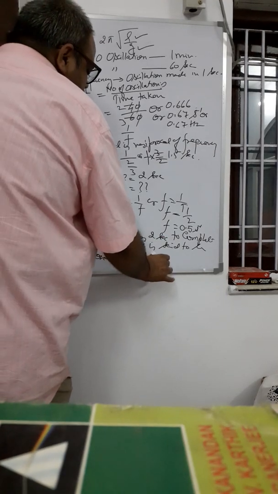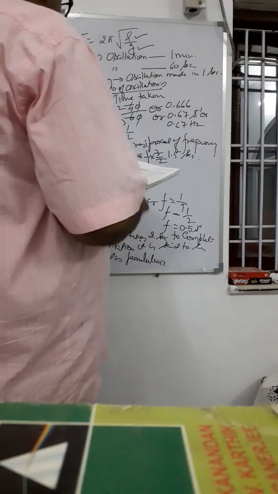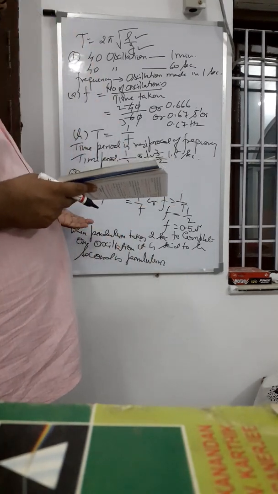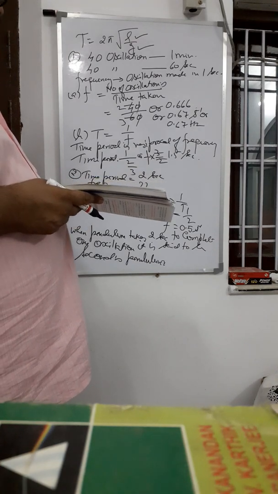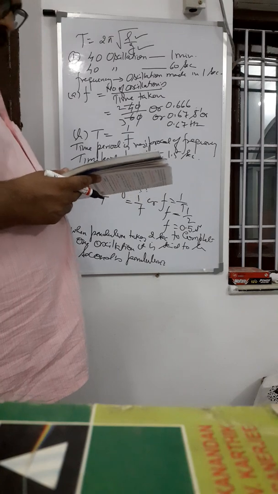If a child writes second pendulum, then also it will be accepted. Or the meaning is, when the time period of a pendulum is 2 seconds to complete one oscillation, it is said to be a seconds pendulum. Second numerical I have done.